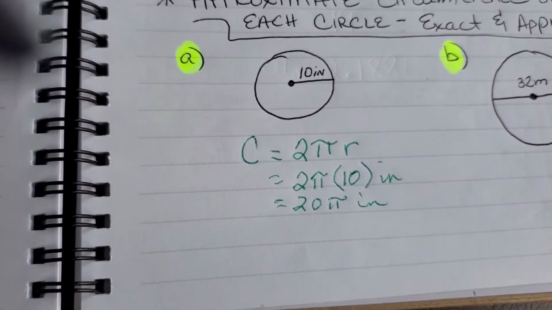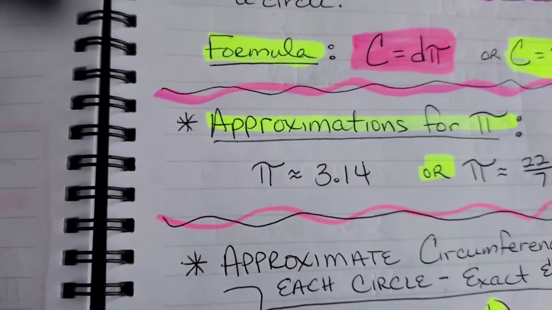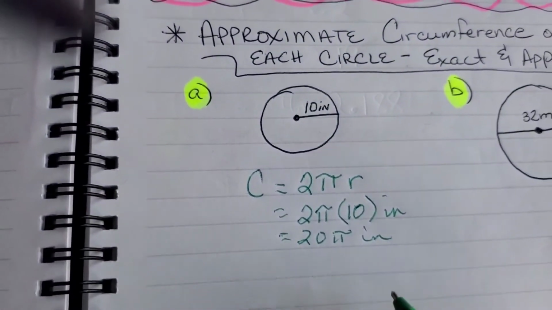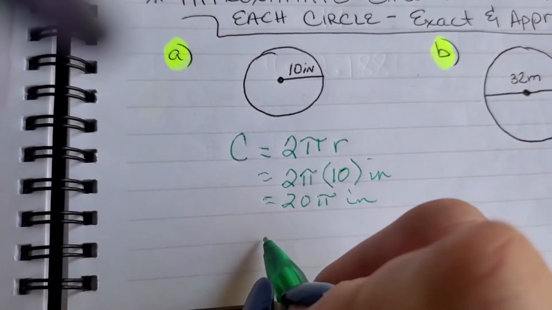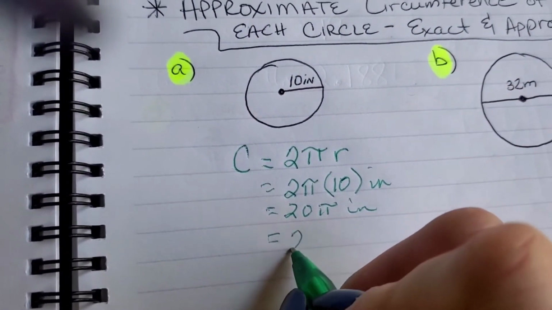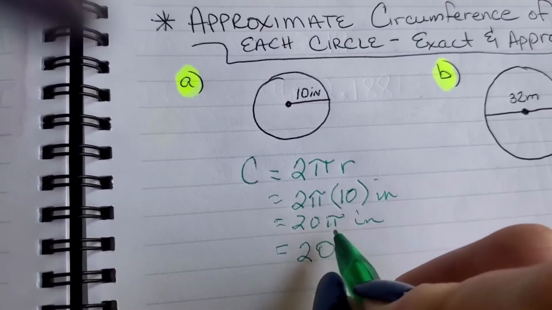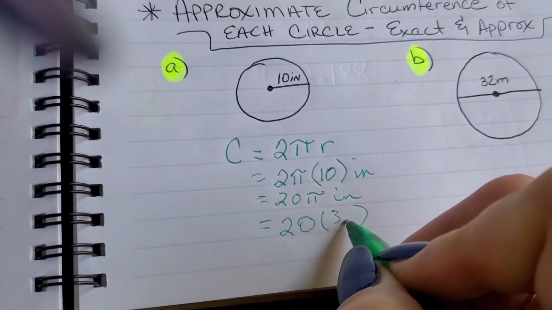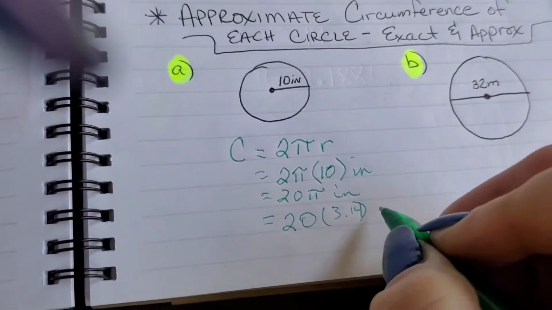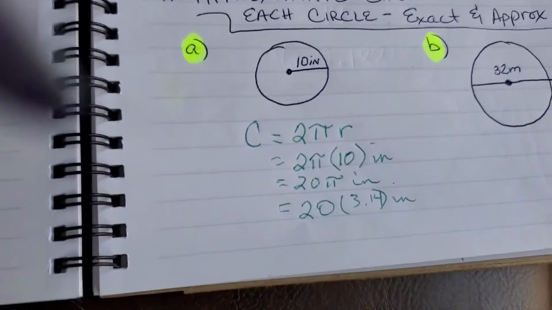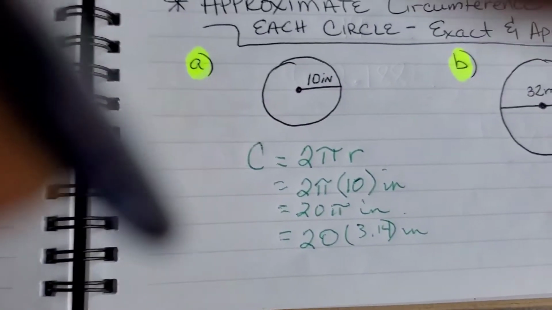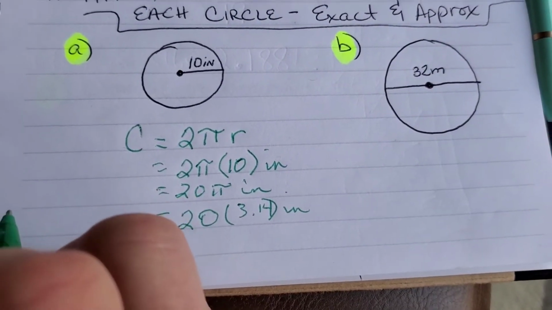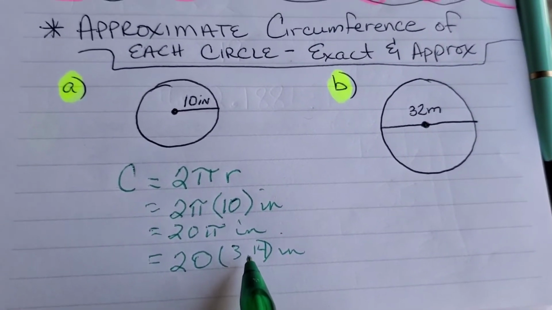What if they are asking you for an approximate and tell you to substitute in 3.14 for pi? Then again, that's another substitution. We rewrite our 20, and instead of pi we substitute 3.14 inches. If you have your calculator, you can use it. If you don't, I'll do some quick math.